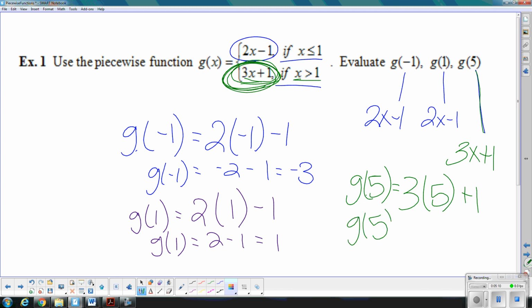So g of 5 equals 15 plus 1, which is 16. So with piecewise functions, your domain is split up into pieces, and you have to use the equation that satisfies that section of the domain.